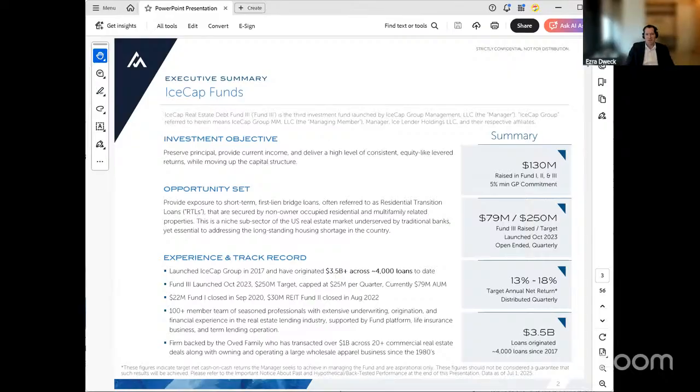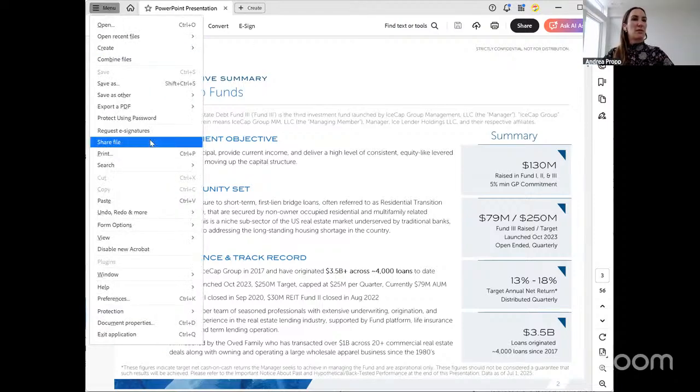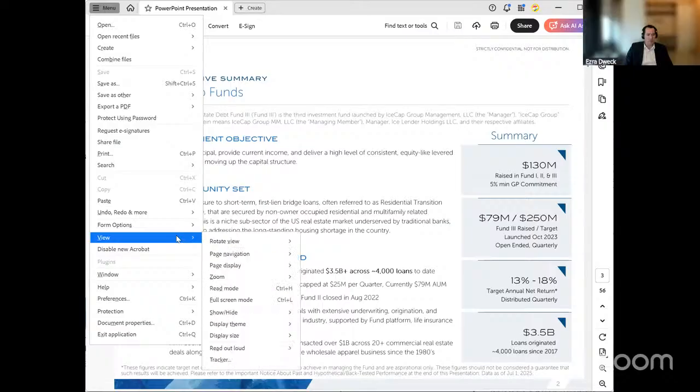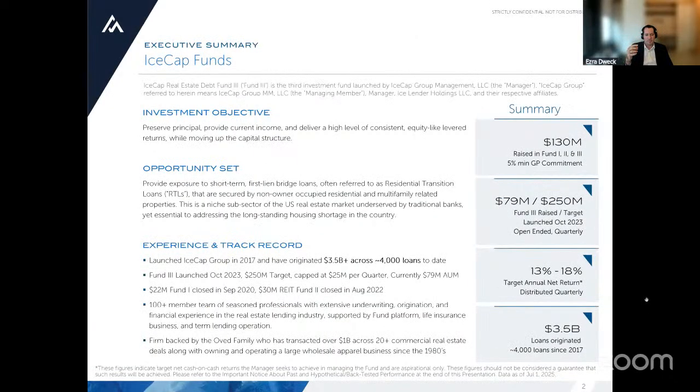But if you hit F11, what happens? Let's just see what happens here. This is not presentation mode. View. There used to be a presentation mode in here, but I don't see it. Full screen mode. I know, but then it takes up the whole thing, it's a humongous screen for me, which is not the end of the world.